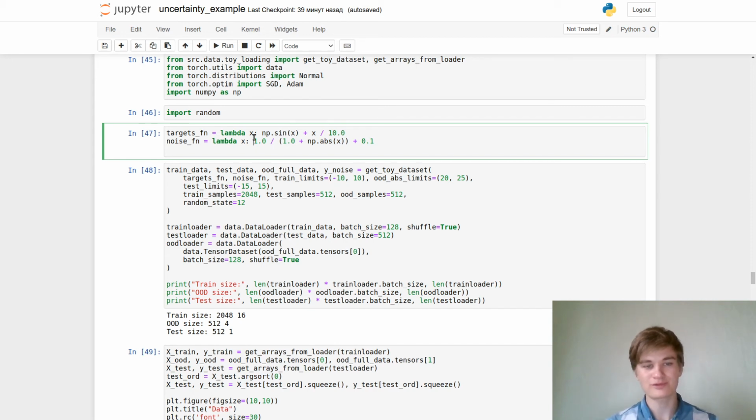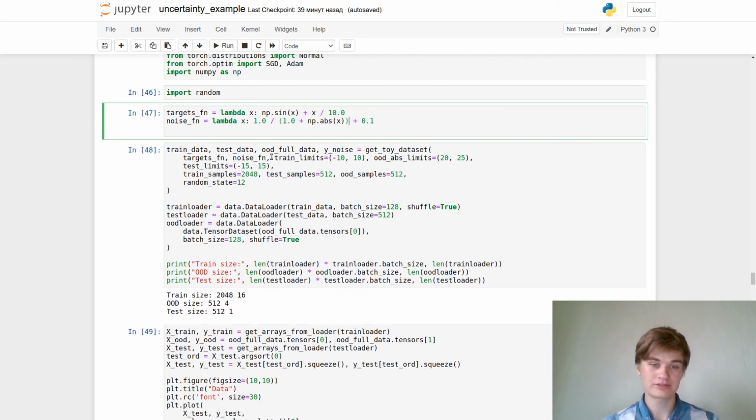So we have only one feature, one real number as a feature, and we have additional noise which is big near the zero and becomes smaller and smaller as you go from zero to left or right.